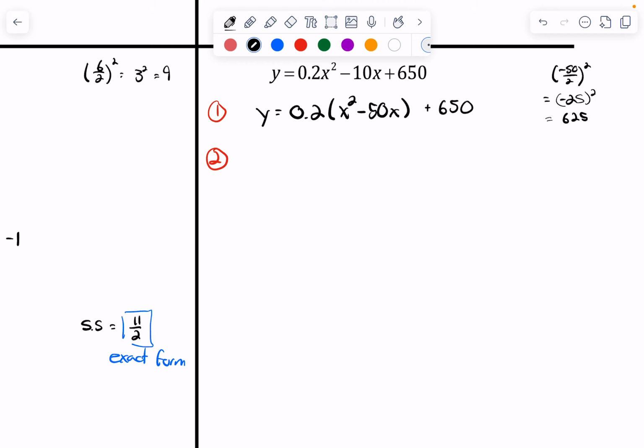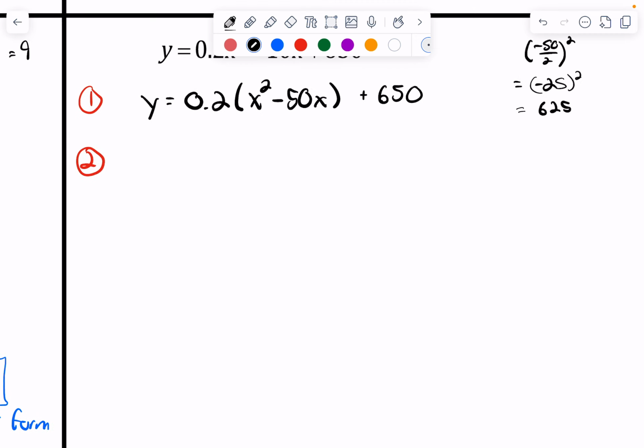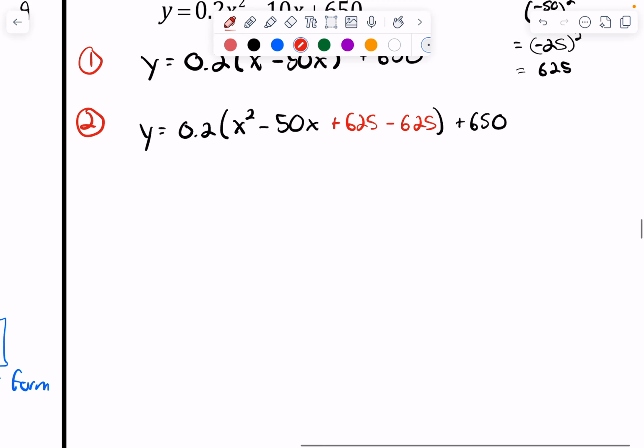So 625, that's the number you're going to add and subtract inside the brackets. So y equals 0.2 x squared minus 50x, and then plus 625 minus 625 plus 650.